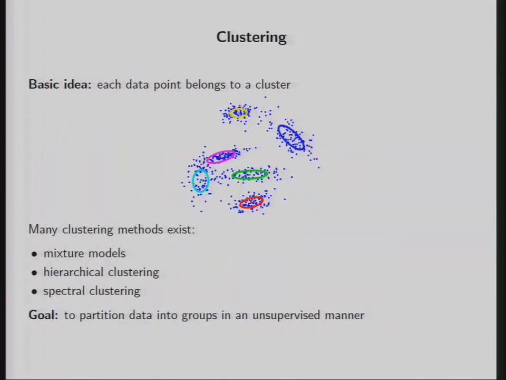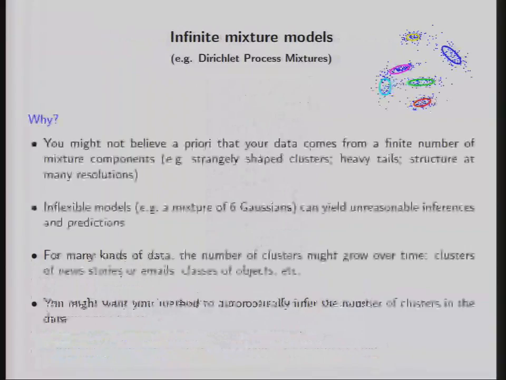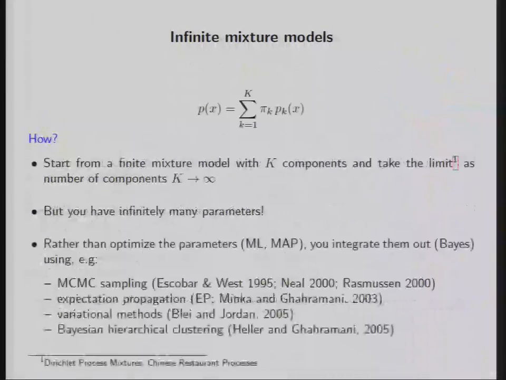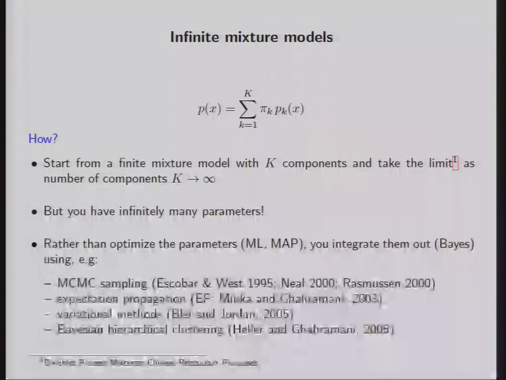You heard about Dirichlet process mixtures just now, maybe I'll just skip over this because you've already heard about it. A point I want to make is the importance of distinguishing in this framework between a model and an algorithm, okay?